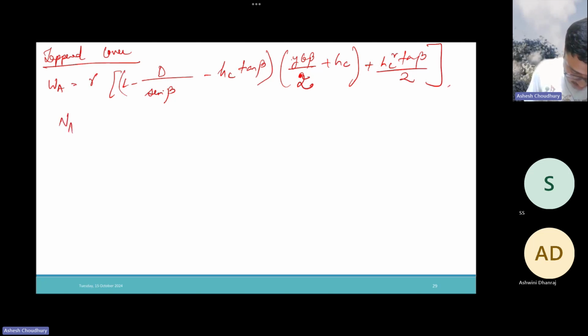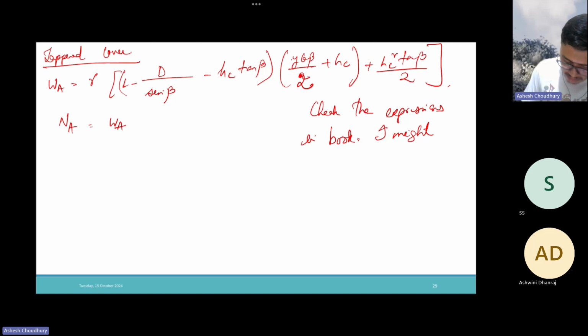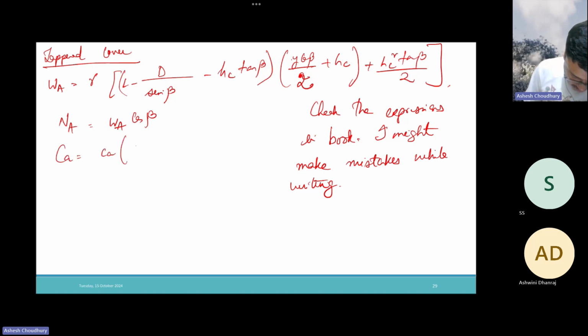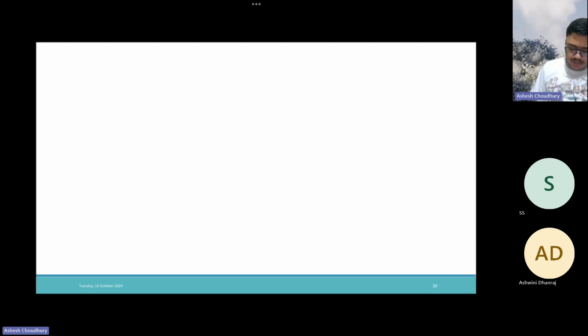Check the expressions. Safety is minus. Similar to the previous one, here also we have A, B, C like that.